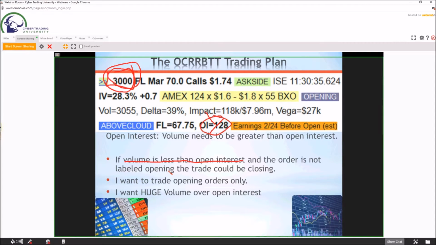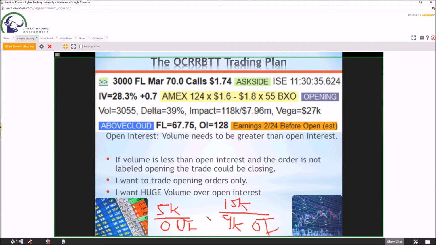If I'm really looking to filter out and be selective, I also want to see the orders that have the biggest volume over open interest. What do you think is a more significant trade? If someone comes in and buys 5,000 contracts against 0 contracts in open interest, or if someone comes in and buys 15,000 contracts against, say, 9,000 contracts in open interest.